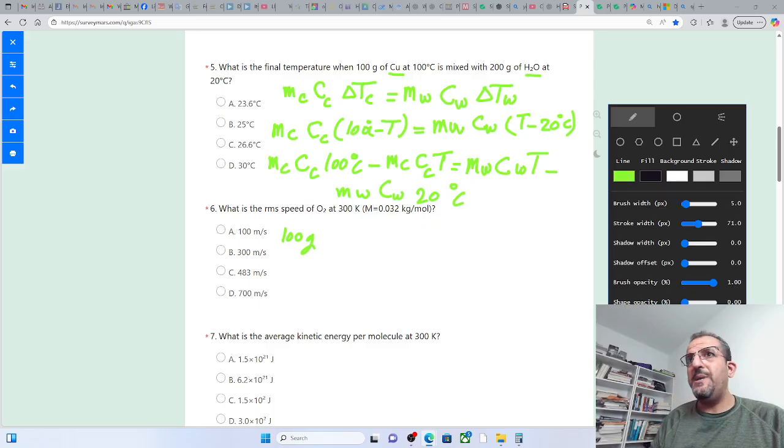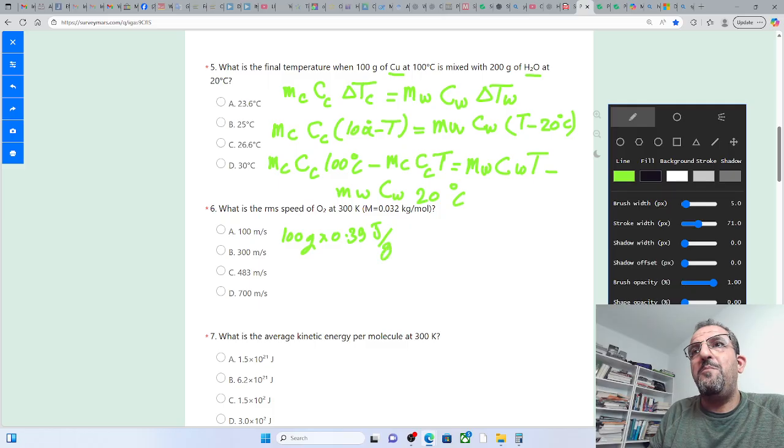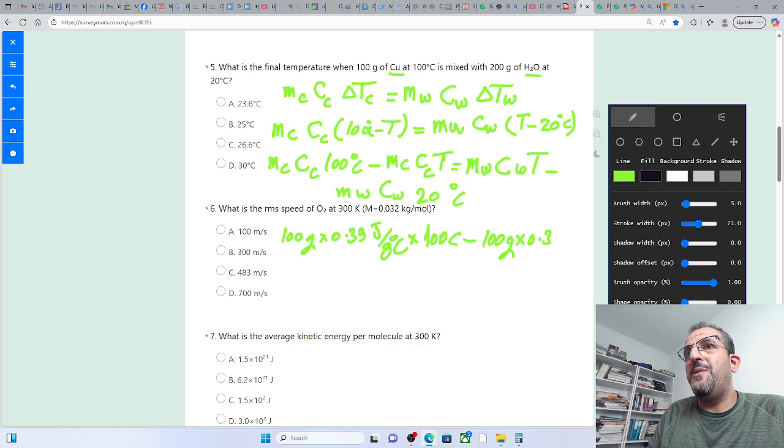So let's use these numbers right here. I can have here 0.39 joule per gram Celsius, and I multiply that by 100 Celsius, and then minus the mass of the copper, which is 100 grams, times 0.39 joule per gram Celsius, multiplied by the equilibrium temperature.